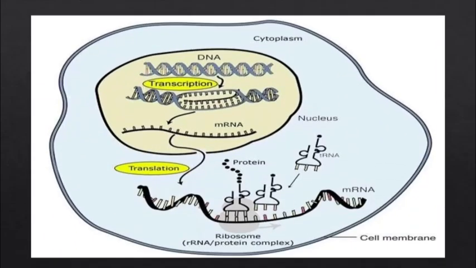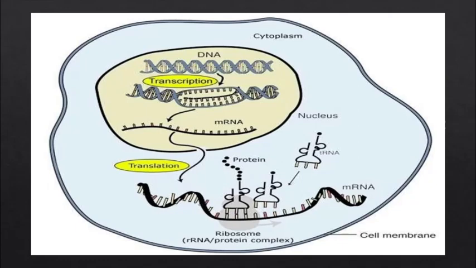Now, as the mRNA is formed, the RNA polymerase detaches itself and the DNA zips back as it was. Now the transcription is completed. The DNA has returned to its original state and our mRNA is produced.